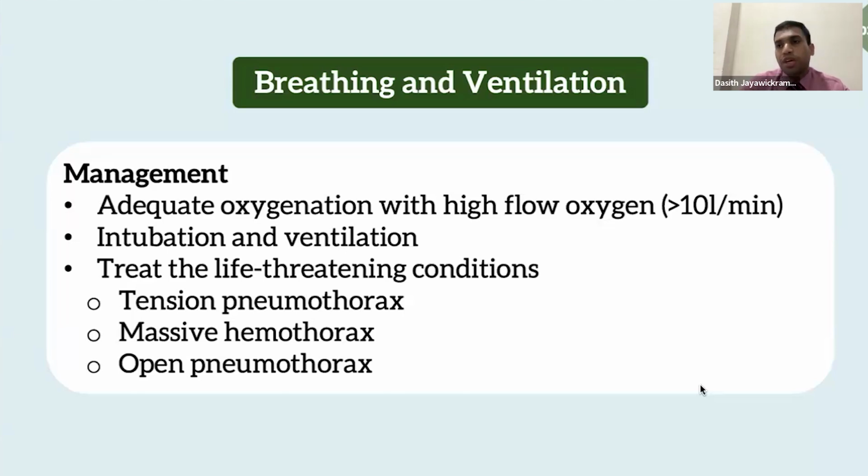For pneumothorax, we put in a slightly smaller IC tube, but in hemothorax, we put in a large IC tube because the blood can clot and clog the tube. So we put in a larger IC tube. In open pneumothorax, we need to create a flap to close that opening so that ventilation can happen effectively again.